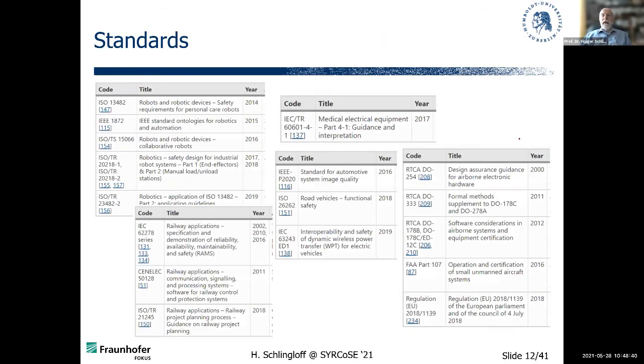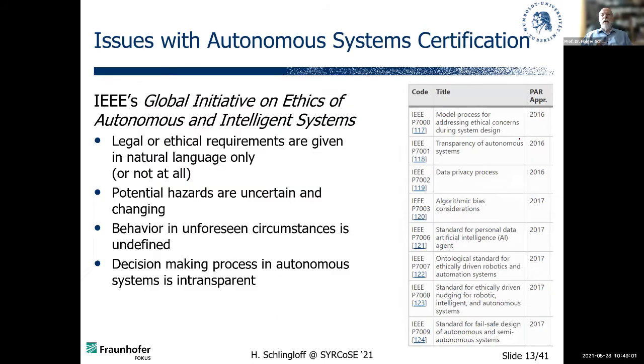So here's an overview. If you look at the paper, you can find an overview of available standards. And what you can see is that the standards, also the more recent ones, do not really look at these topics which I just mentioned. There are some initiatives at the moment. IEEE, for example, has a global initiative on ethics of autonomous and intelligent systems, where legal or ethical requirements are given in natural language.